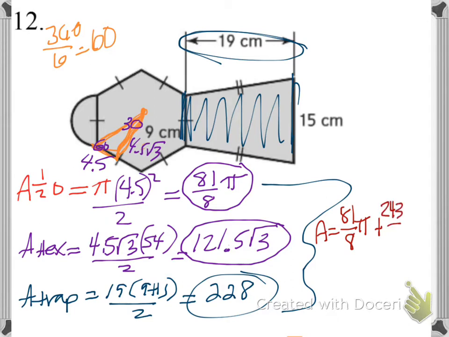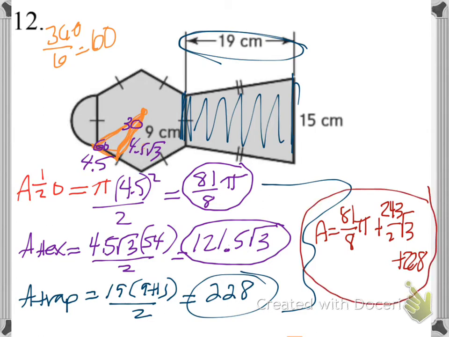That would be 243 over 2 root 3 plus 228. If you wanted the decimal answer, you just add all those up. But honestly, it's easier just to keep it like this, because then you don't mess anything up when you're typing it in. So, sorry, I know that was very long, but I wanted to be extra careful and specific when talking through this because it can be very confusing.